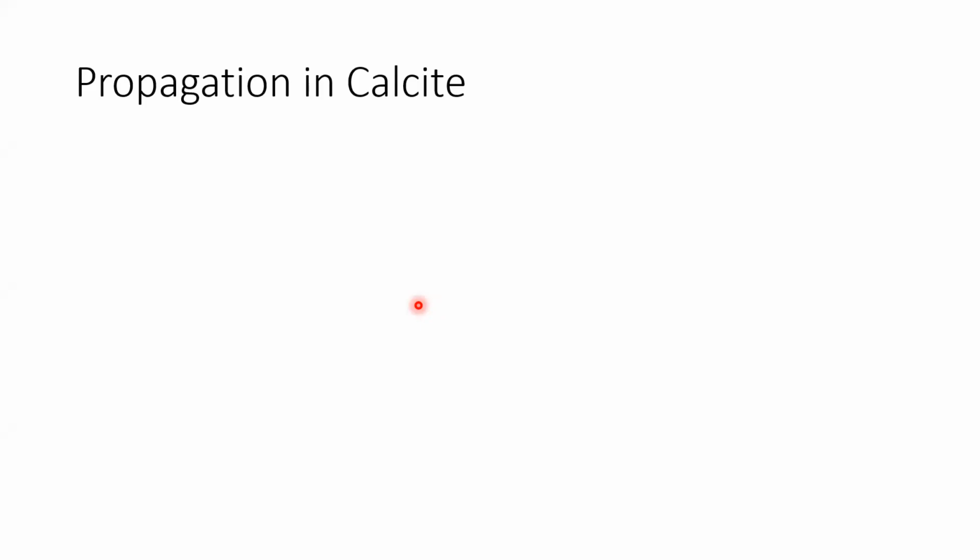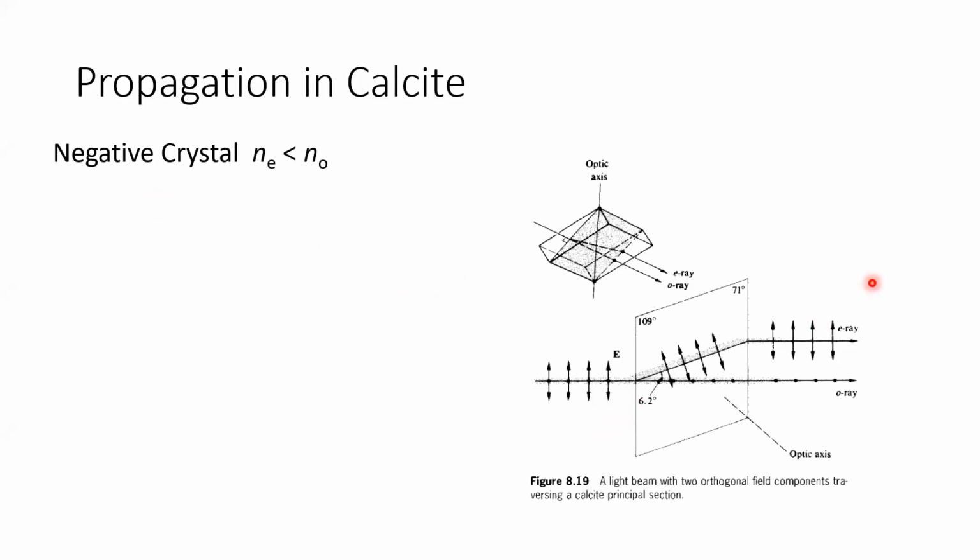So calcite is a very commonly available crystal, which is anisotropic, and it's a uniaxial crystal, and it happens to be a negative crystal. So Ne is less than No. I have taken a diagram from Hecht. We won't go into the details of how this diagram comes about, but this is a part of the crystal, the plane.